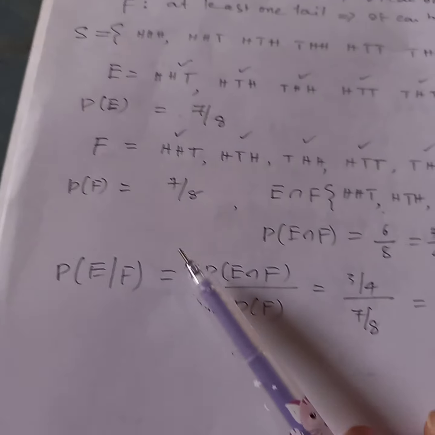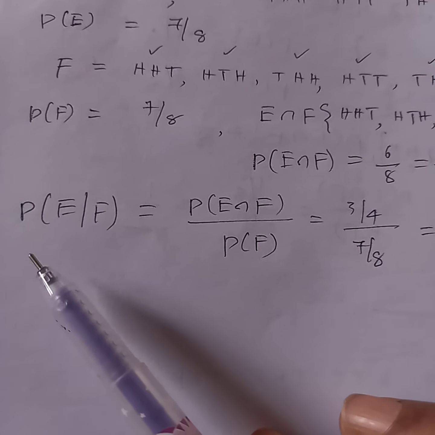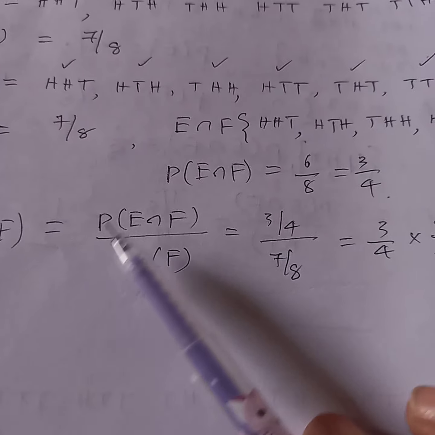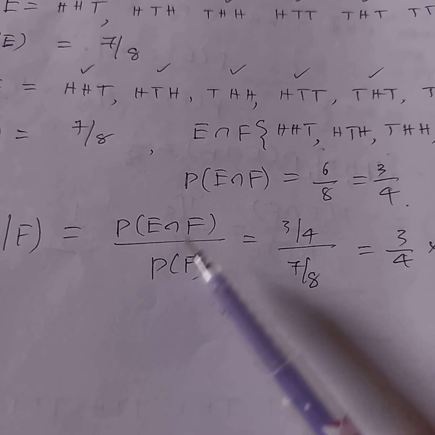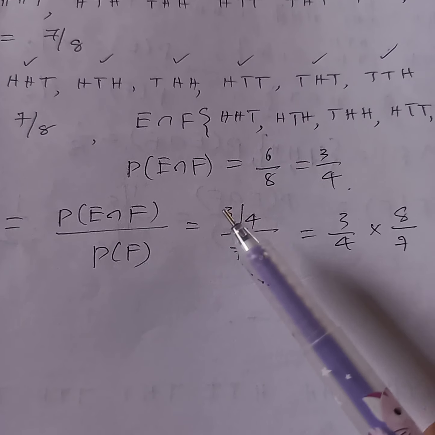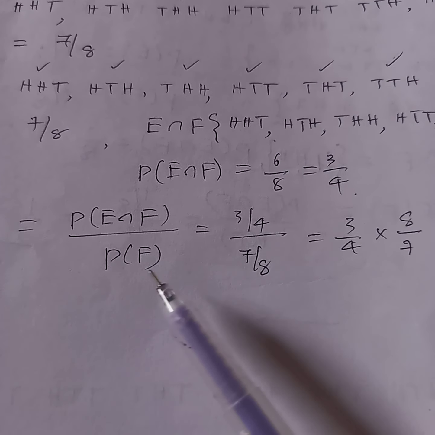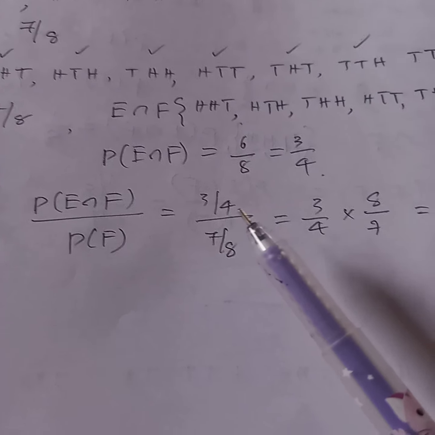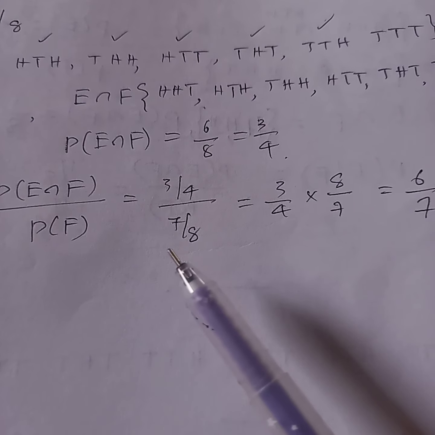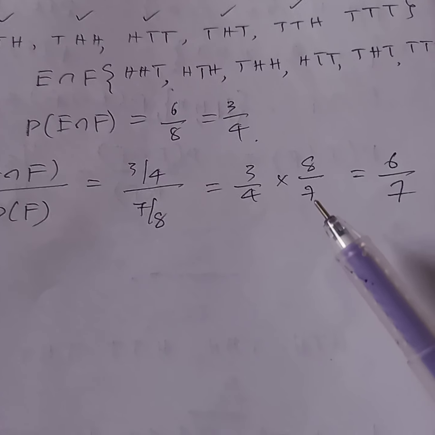So all these things we have found out. Now finally we will find the probability of E given that F has already occurred. That is the simple formula: probability of E intersection F divided by P(F). P(E intersection F) is 3 by 4, and P(F) is 7 by 8. Now you calculate this. 3 by 4 divided by 7 by 8 means 3 by 4 times 8 by 7.